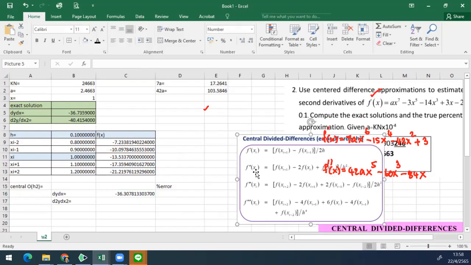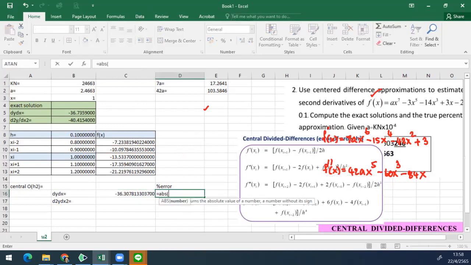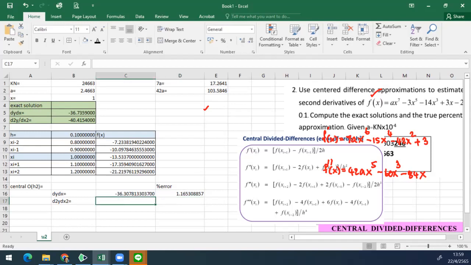And the error is what? The error is in comparison with the exact solution, right? We have 1.653%.